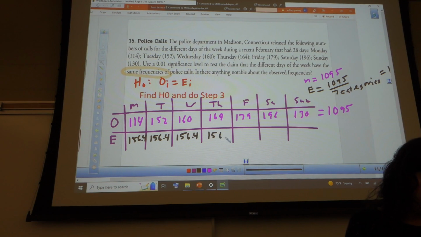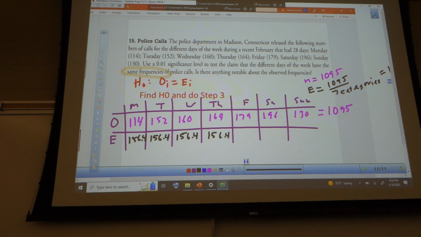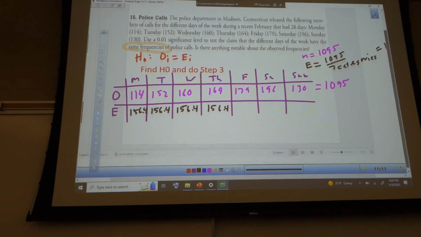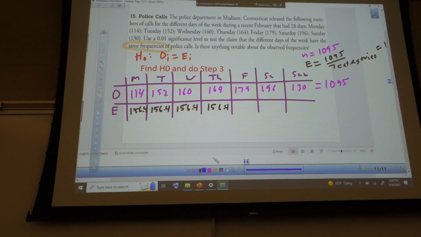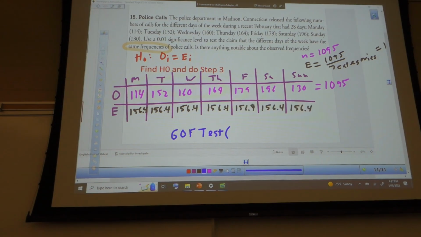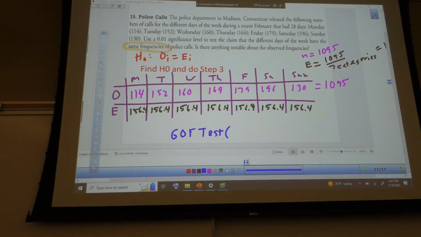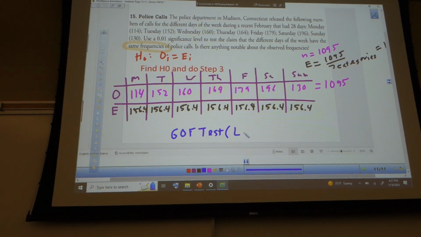Okay, so then what do you do from there? Use your lists. What did we say this was? Yep, it's a GOF test. So here's the goodness-of-fit test of L1, comma L2, and then your degrees of freedom is 6.